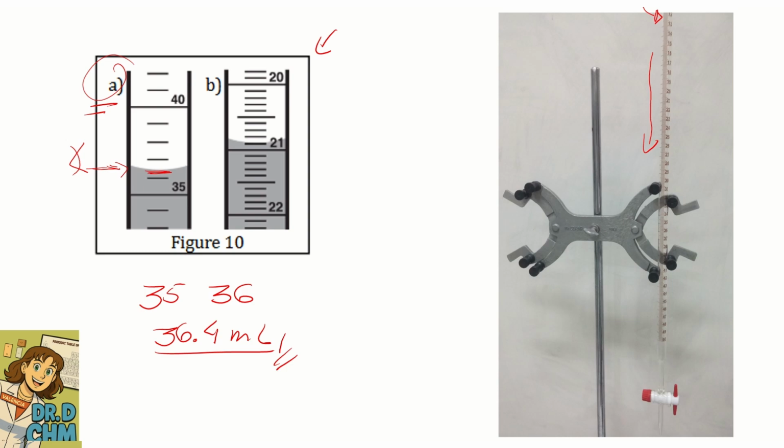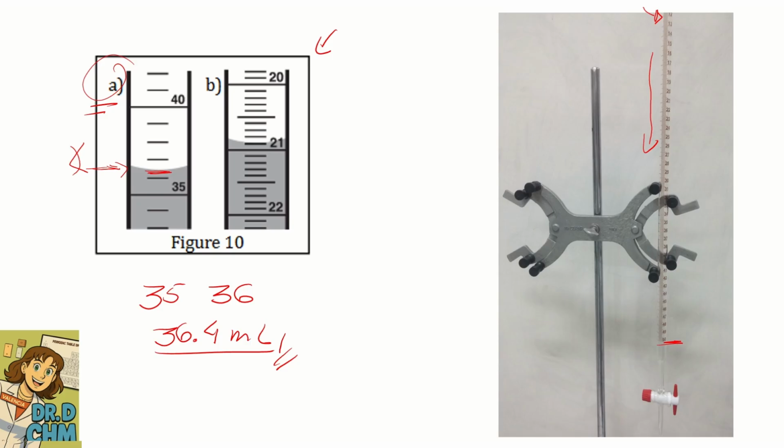This is the part that tricks you. The top is 0 milliliters, so the bottom down here will be 50 milliliters. The number is increasing as you go down because it represents how much liquid has been dispensed. So how much have I dispensed already?